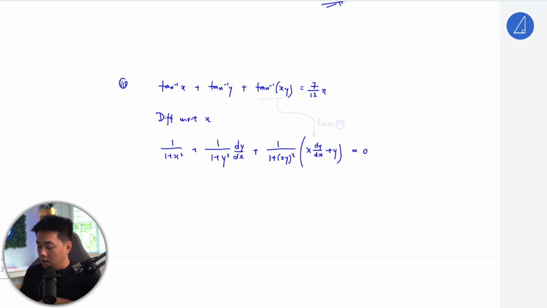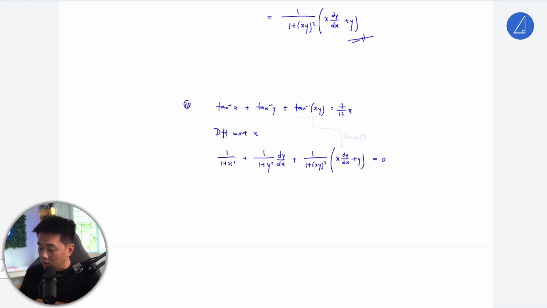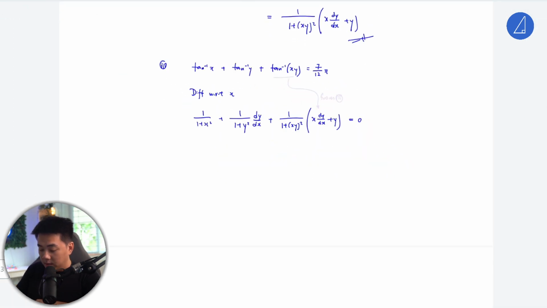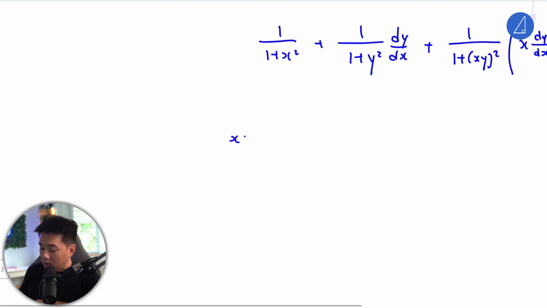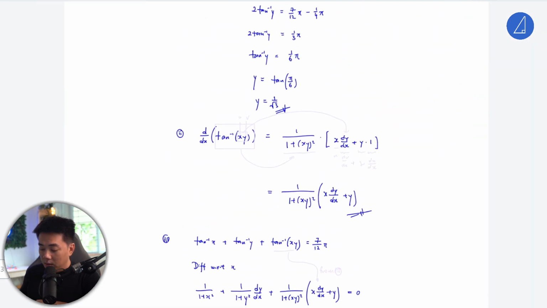This is it. Then what we need to do is just replace all the values that we found just now, which is x equals 1 and y equals, what was y? y was 1 over root 3.